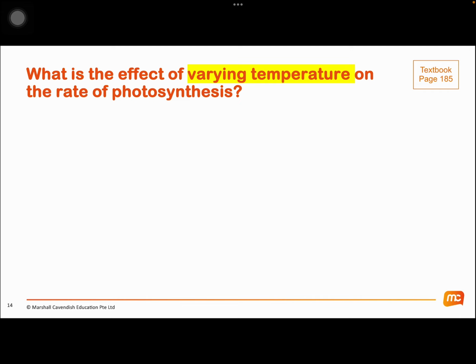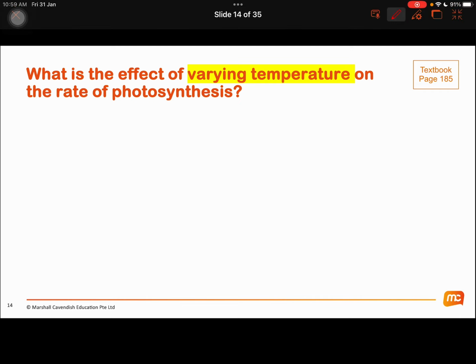We are going to talk about varying temperature, but at this point, you should be able to draw the temperature photosynthesis graph. If you think about it, we covered in chapter 4 on enzymes how temperature affects the reaction, and the graph that we will obtain in this experiment is the same.